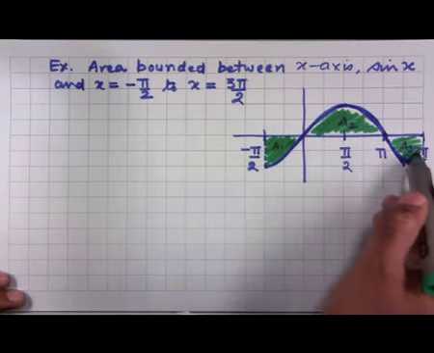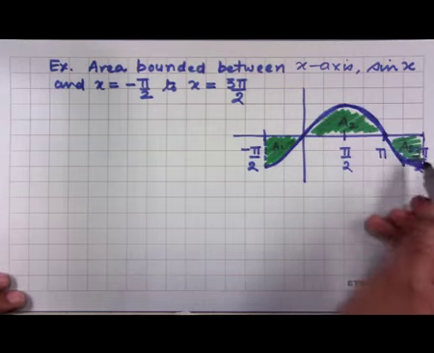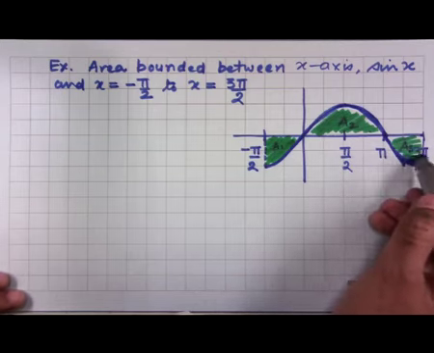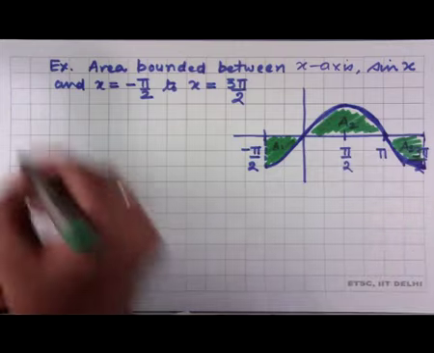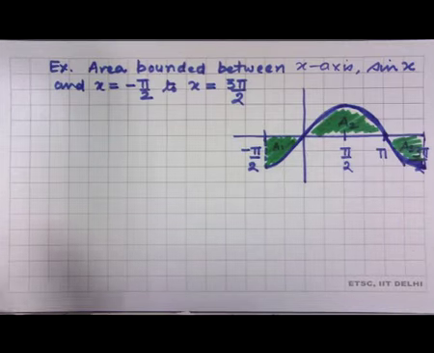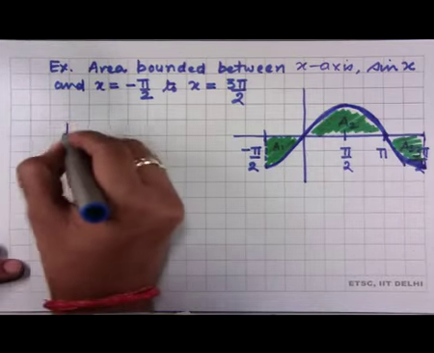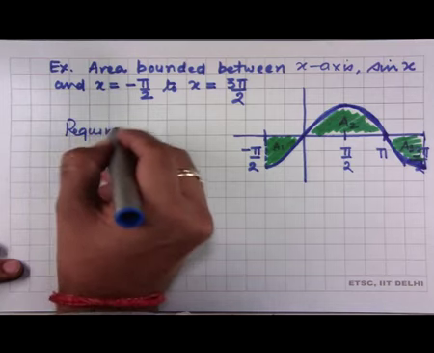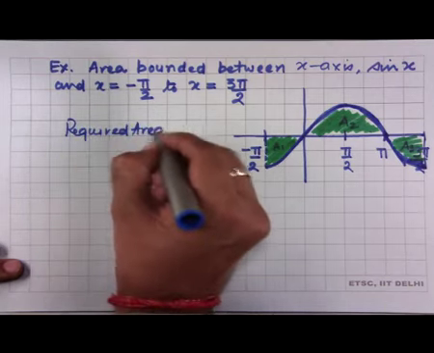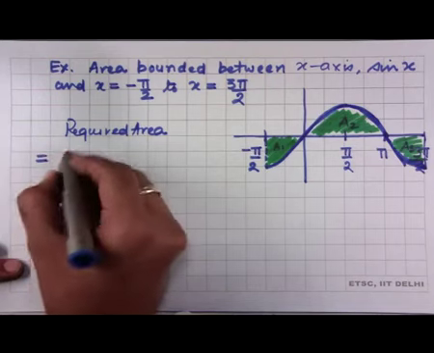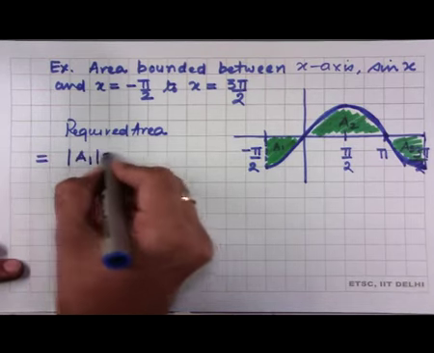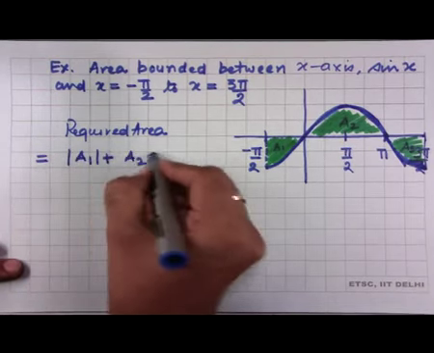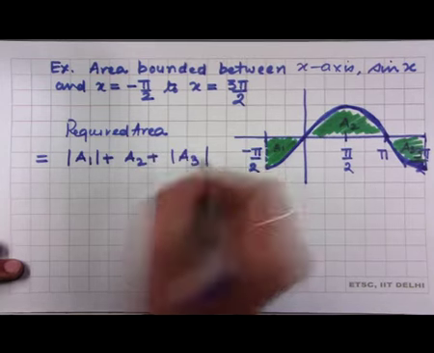Since A1 and A3 are lying below the x axis, they will have negative value. So, required area is equal to modulus of A1 plus A2 plus modulus of A3.